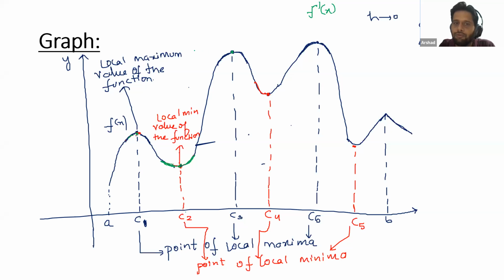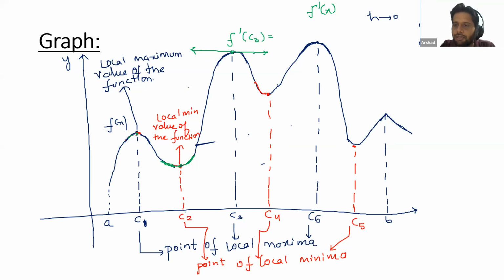So at this point, if you draw a tangent, the tangent will be like this. Can anyone tell me what is f dash c3? Please check here. This is point C3. Here the tangent is parallel to the x-axis.